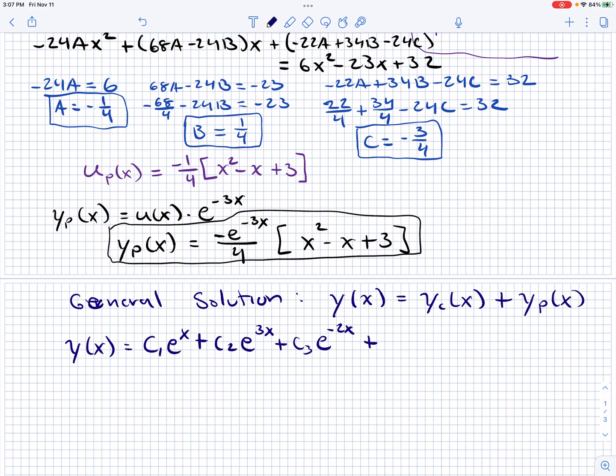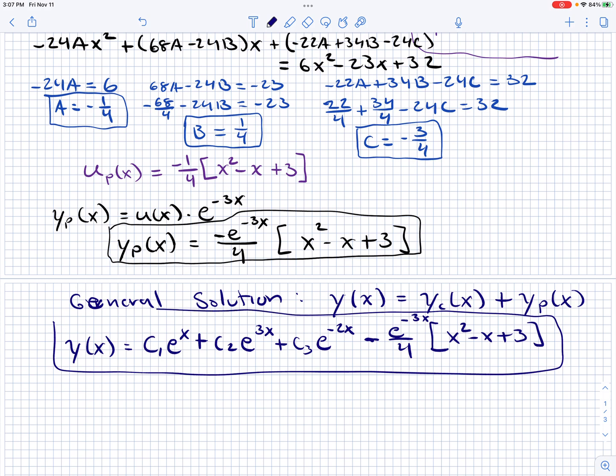And our particular solution is minus e to the negative 3x over 4 times x squared minus x plus 3. And that, my friends, is our general solution.